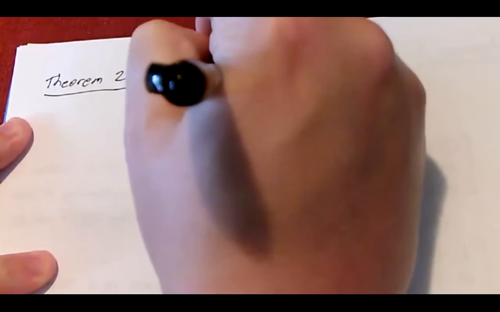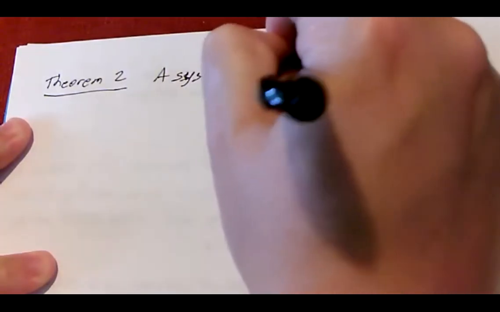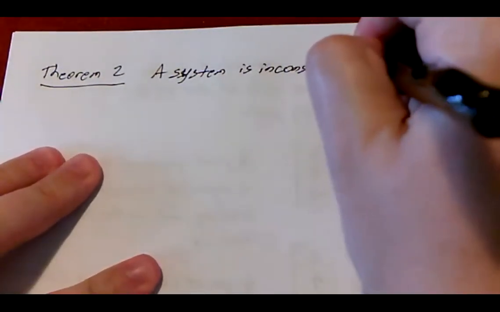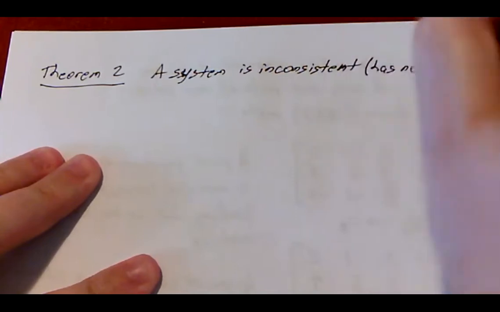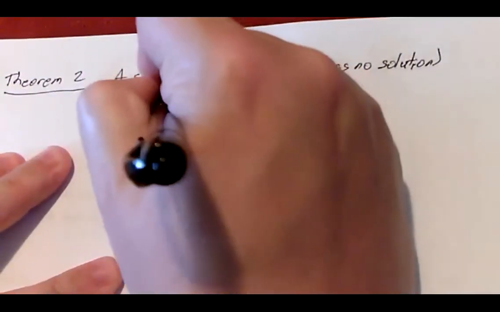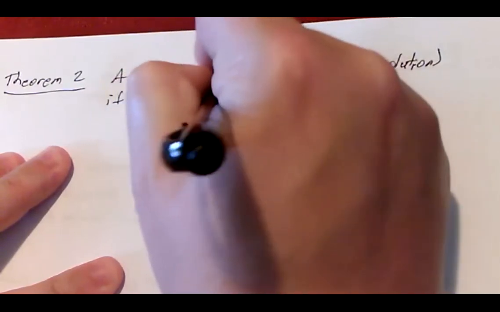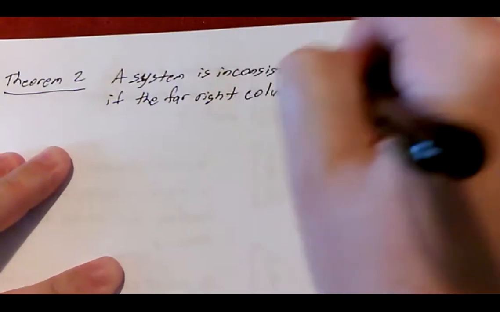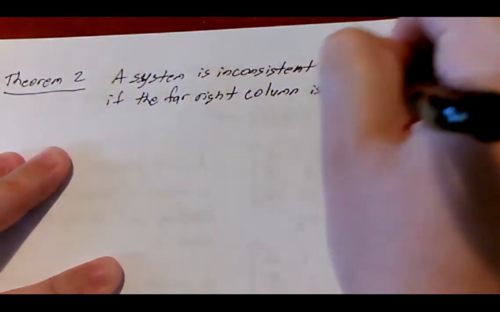A system is inconsistent, has no solution, if the far right column, or rightmost column, is a pivot column.